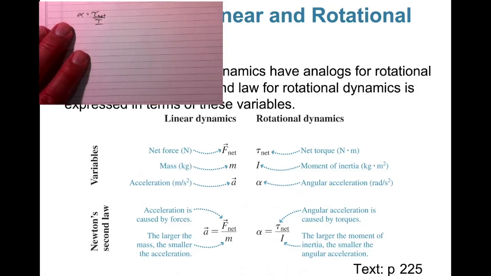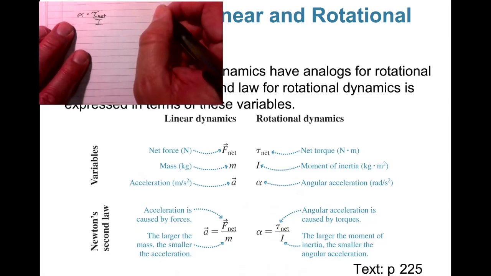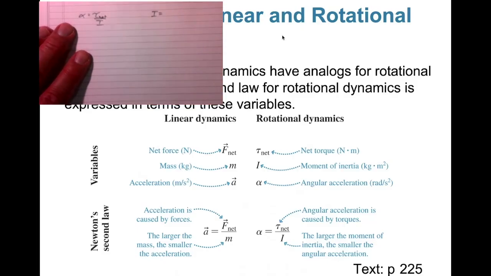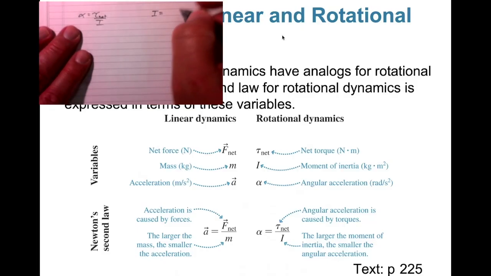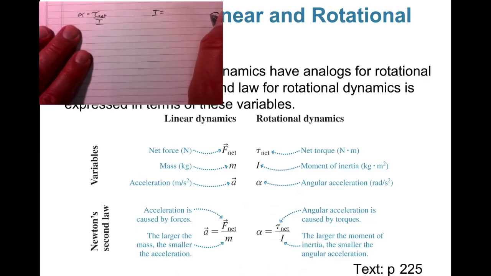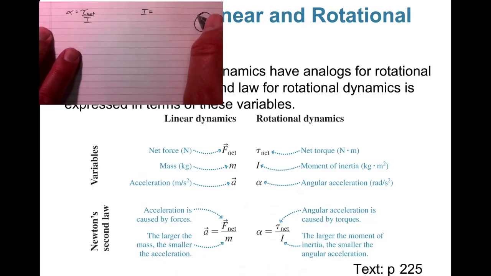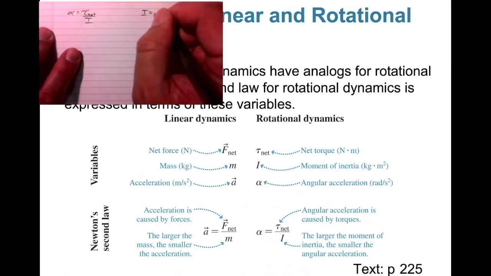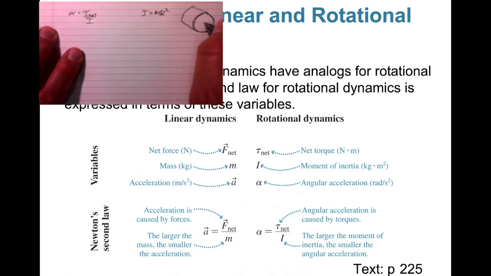All right, now let's talk about the moment of inertia of those two objects that we looked at. For a solid or a hollow cylinder, here's a cylinder over here, and let's say it's hollow. It's going to look something like this. This is going to be mr squared, and r is my radius here, the radius on the outside.